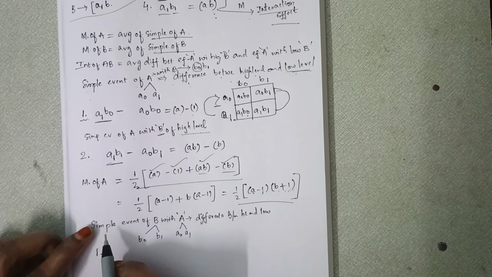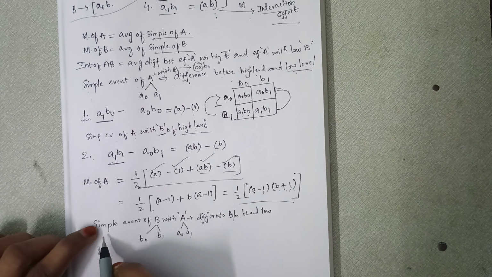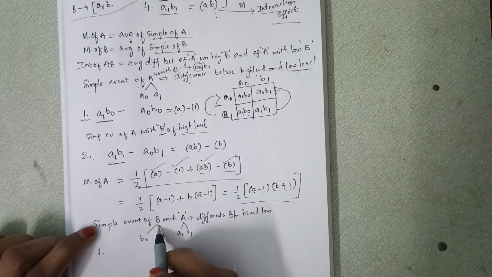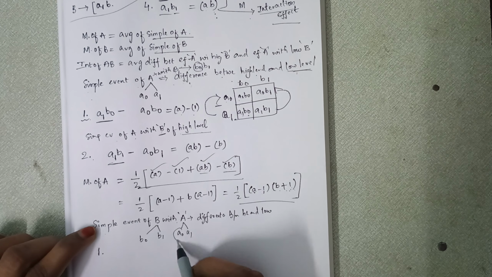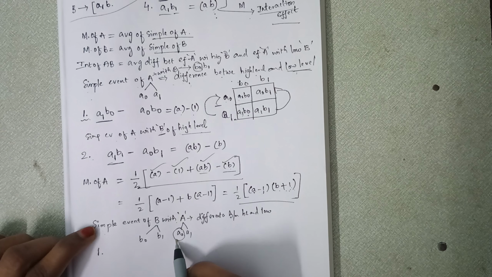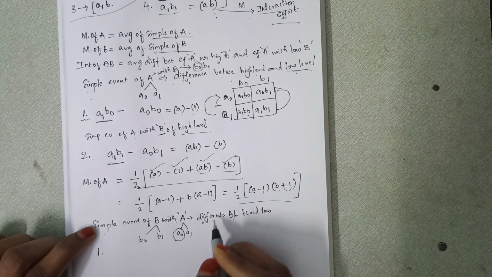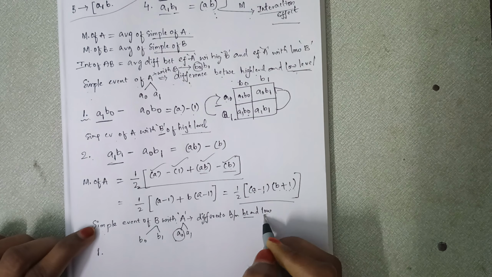So now let us estimate the simple event of B with low level of A. This is nothing but the low level A0. So the difference between high level and low level.